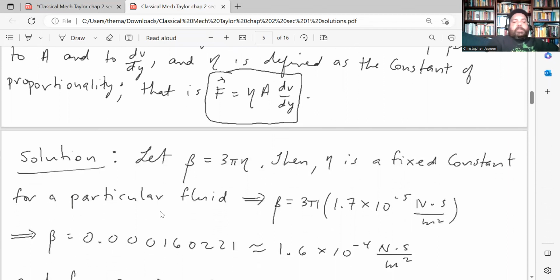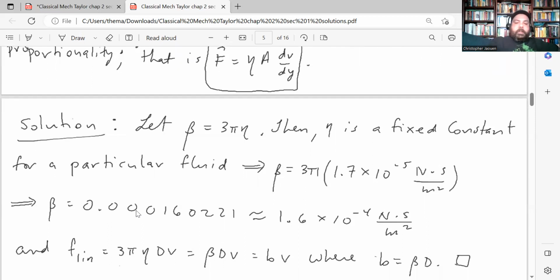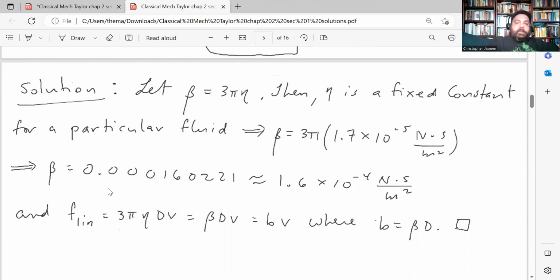Okay, so here's the solution to the problem. If you let beta be the number 3 pi eta, then since eta is a fixed constant for a particular fluid, beta is 3 pi times 1.7 times 10 to the minus 5 Newton seconds per meter squared, which gives you that beta is 0.00016, and the decimals go on, so this is approximately 1.6 times 10 to the minus 4 Newton seconds per meter squared.